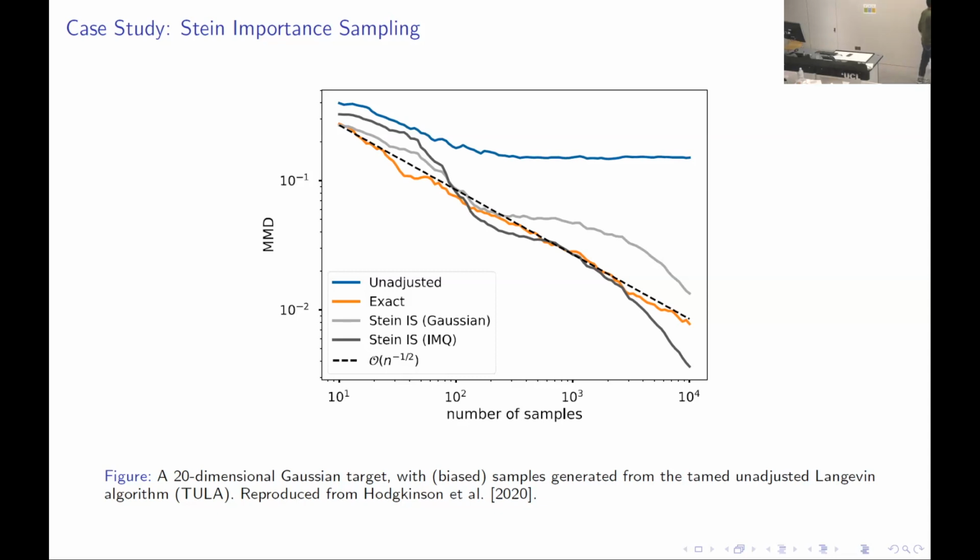But if you reweight with different base kernels, the Gaussian or the inverse multiquadric kernel, the approximation now seems to decay, and the IMQ is better than Gaussian for reasons that we already know. This is the convergence rate that they showed in the paper, and that's exact IID sampling. So this is better than IID, just because by doing this, instead of only bias removal, you also get a variance reduction.